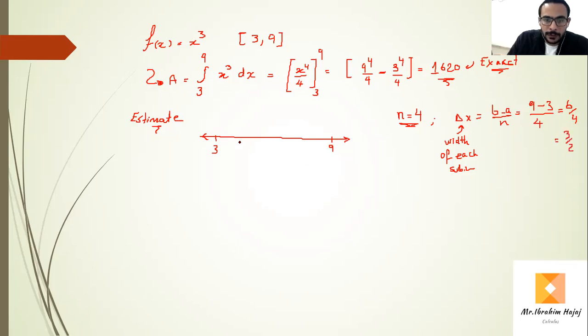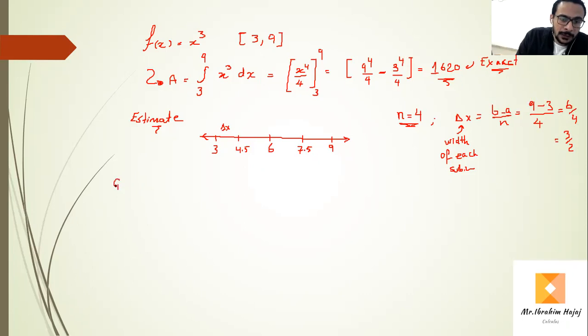That is 1.5. So from 3, we add 1.5 to get 4.5, add 1.5 again to get 6, then 7.5, and 1.5 plus 7.5 gives 9. As you see, we have 4 subintervals.